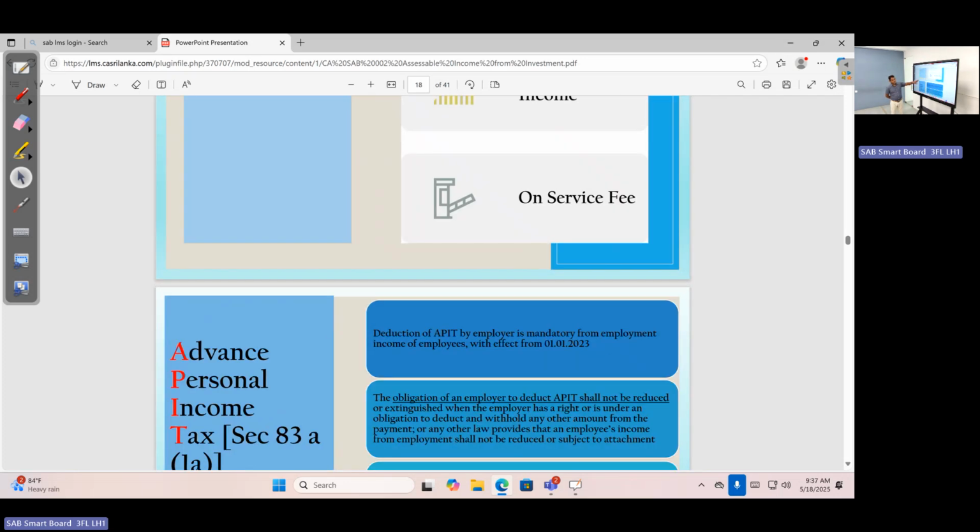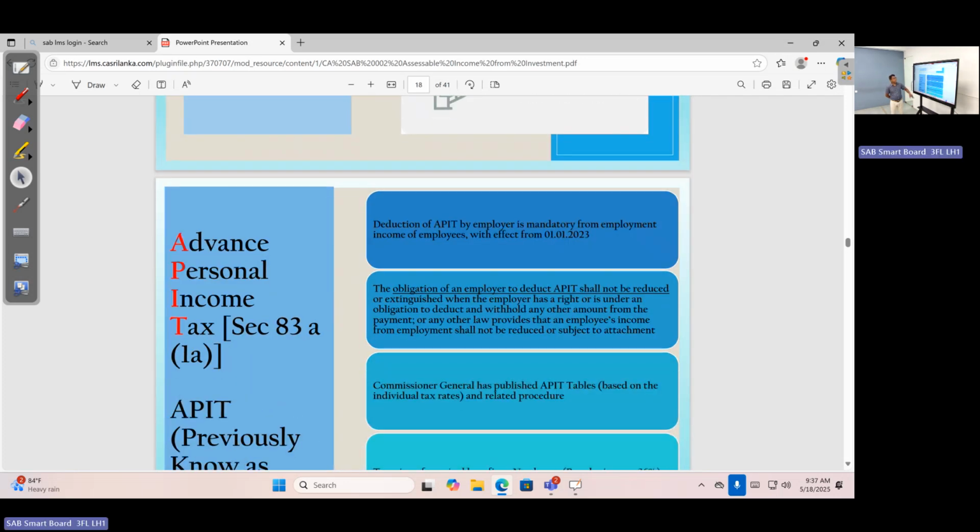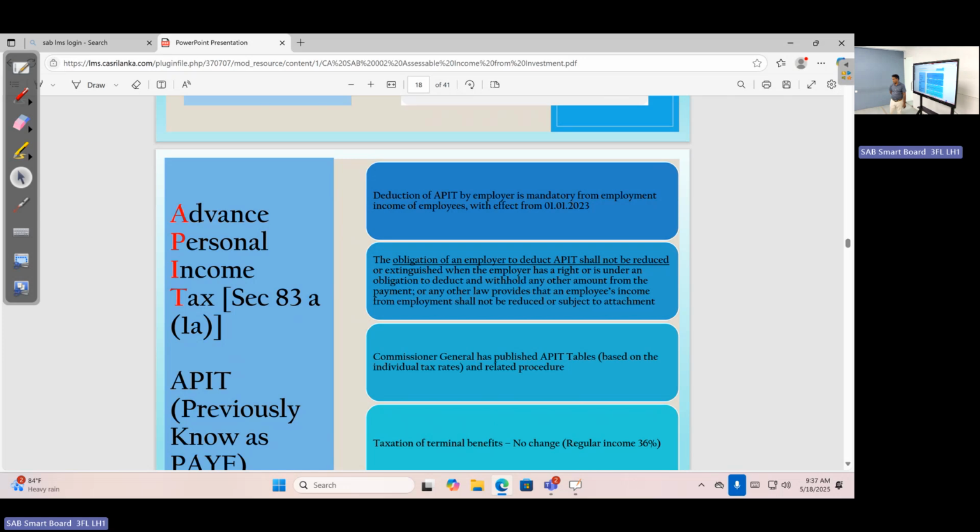So, we'll discuss this as well. Advance personal income tax, section 83A, subsection 1. Deduction of APIT by employers is mandatory, effective from 1/1/2023.